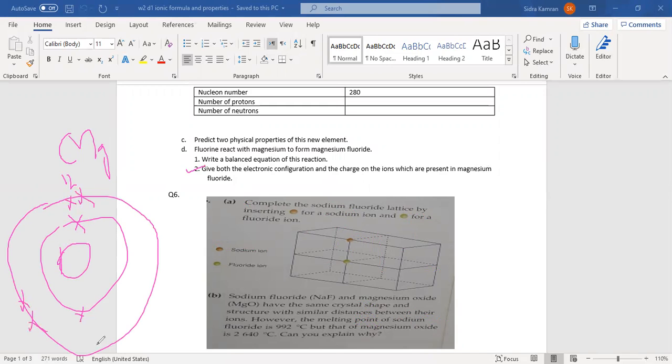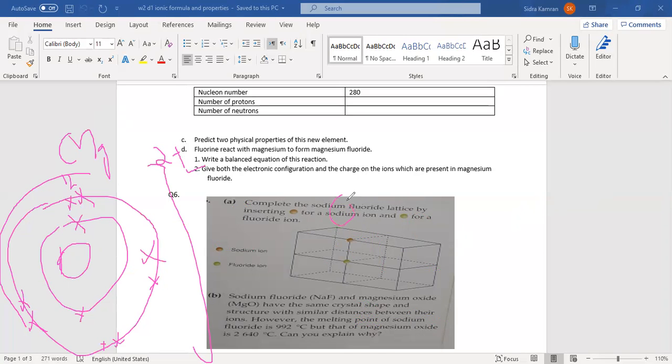It becomes 10. I'm not going to write the left 2 electrons because those 2 electrons are lost by the magnesium atom to make an ionic compound with the fluoride. So I am going to write here a 2 plus ion. It becomes an ion by the loss of 2 electrons.